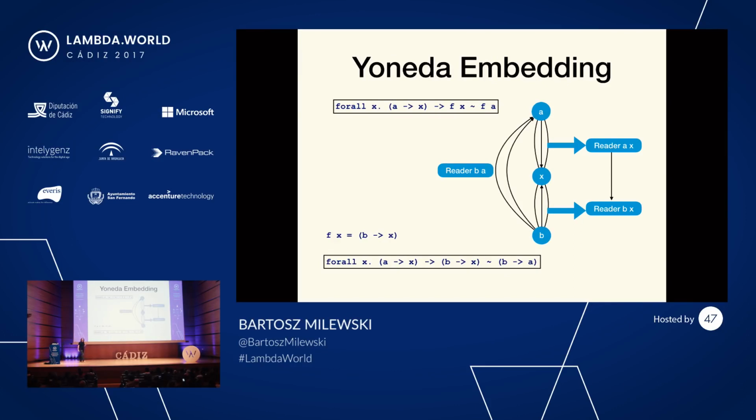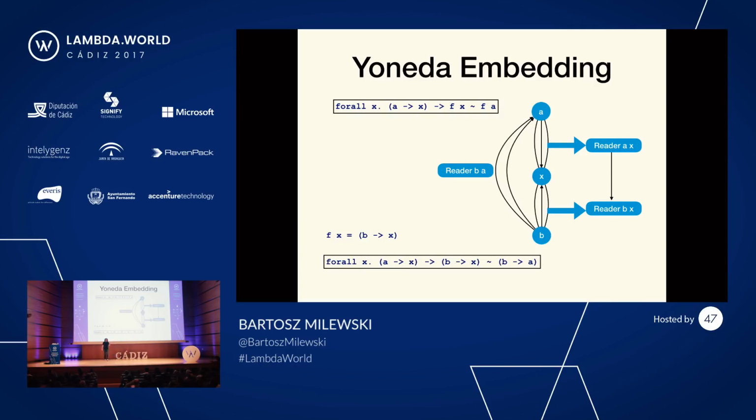Okay, but I'm not going to go into the details in there because I'm interested in the special case of Yoneda lemma, where the second functor, so it's a natural transformations from a reader functor to some arbitrary functor f. I can replace this arbitrary functor f in particular with another reader functor, right? And then I get this formula at the bottom, which is the Yoneda lemma for the reader functor here, right?